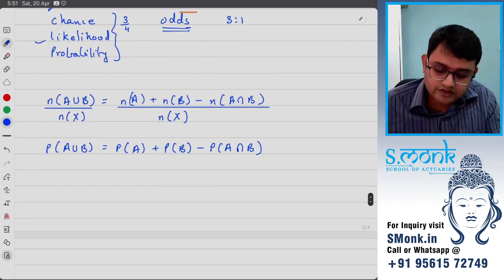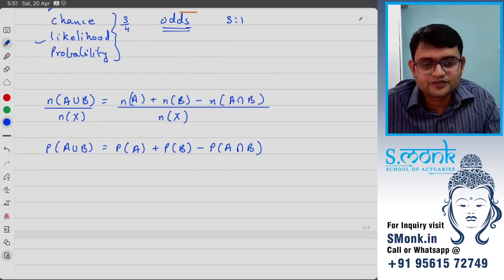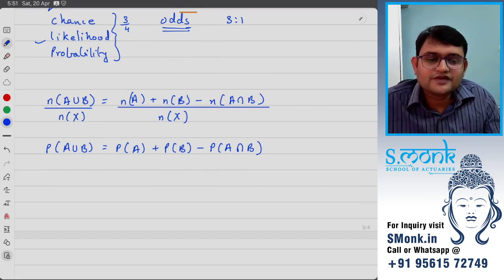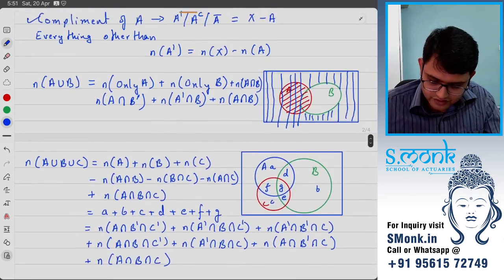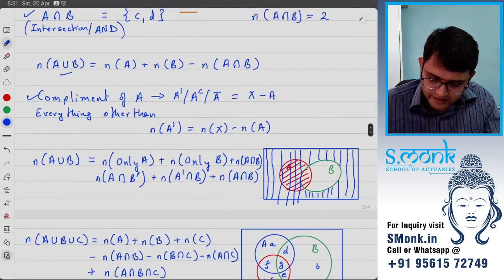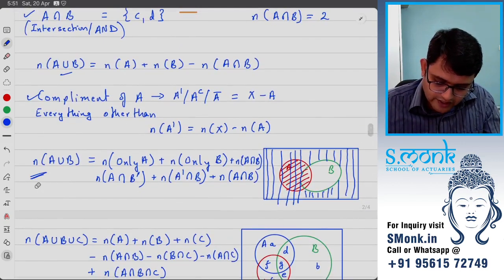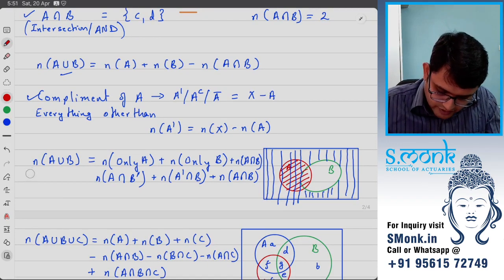Let's get back to the probability formula. Every formula can be converted into probability. Here, all I have to do is, instead of n, write p.